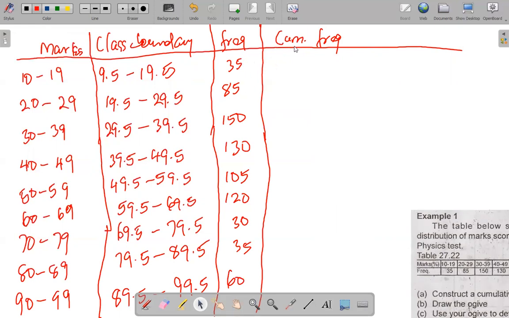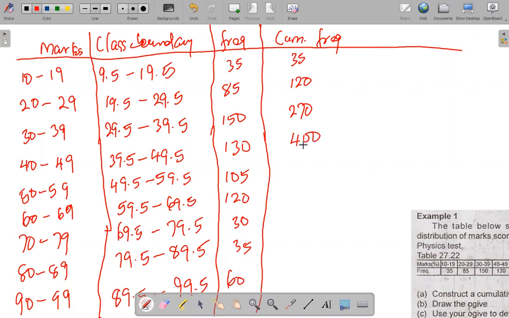Nothing comes before 35, so the cumulative of that one still remains as 35. However, the next one will be 85 plus 35, 120. And 150 plus 120 is 270. 130 plus 270 is 400.